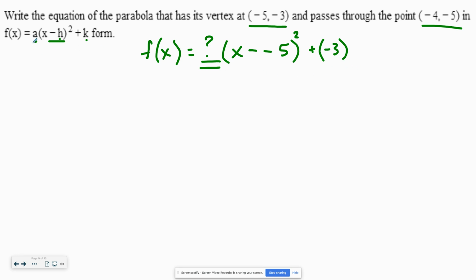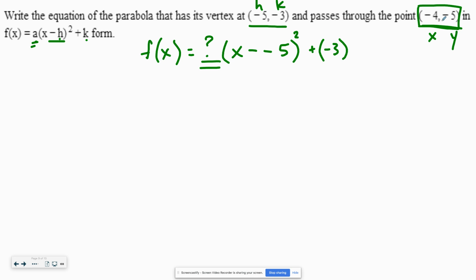If I want to know what this is, it can be the only variable in the problem. And keep in mind that any point that is ever on a function, quote unquote, fits into that function, right? So in other words, this is an x value and this is a y value. Over here, I wouldn't say this is x and this is y. For this problem, I would say that this is h and this is k specifically because that's the coordinates of the vertex.